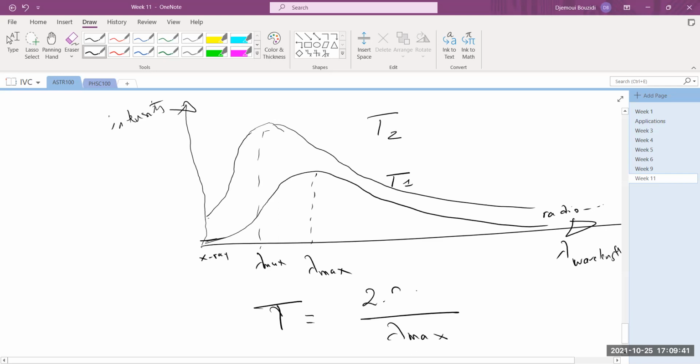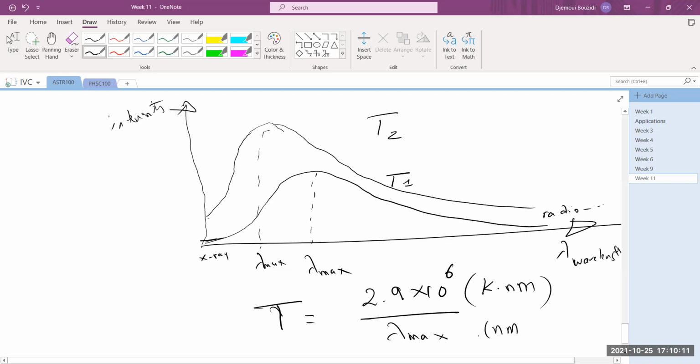This experimental law suggests that this number is 2.9 times 10 to the power 6. Yes, it's positive 6. The main thing here is that this is in Kelvin and nanometers, and the wavelength actually is in nanometers. These are the units used here.